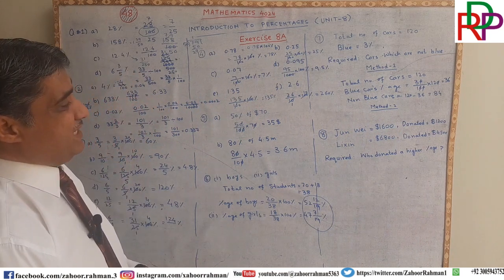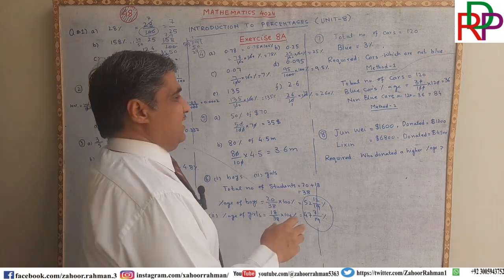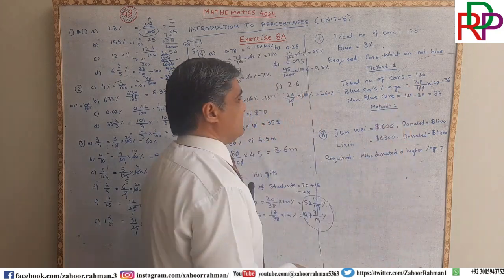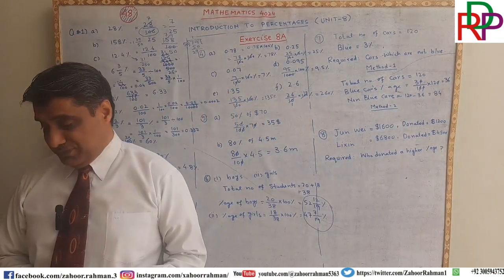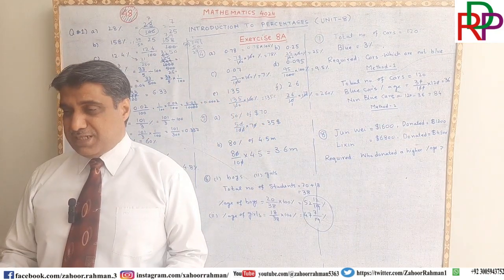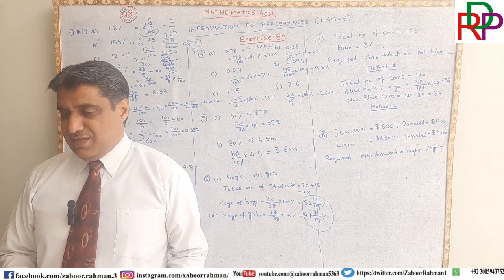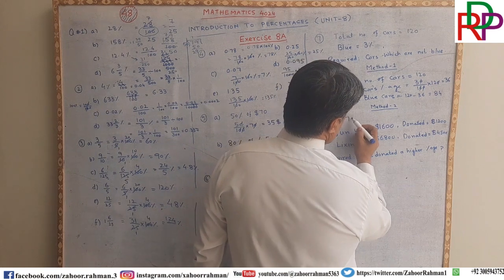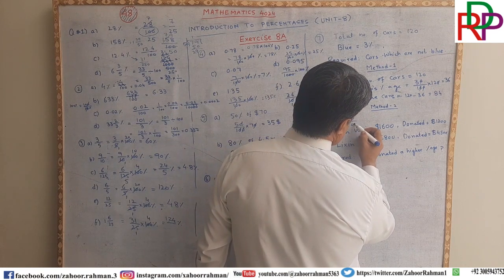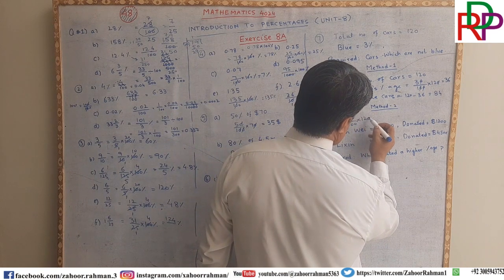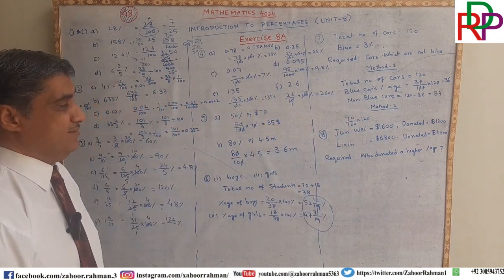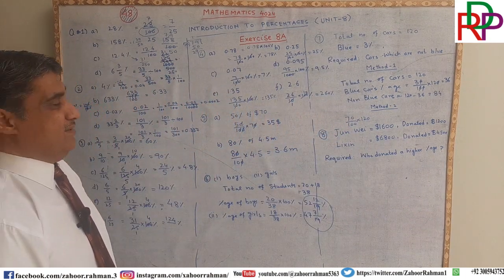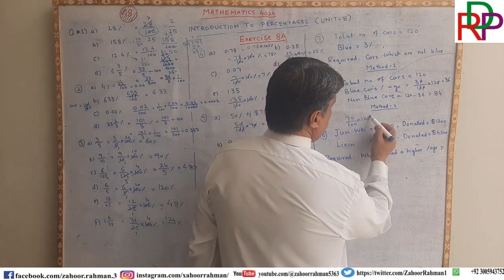Now the second method is easier one. If 30% are blue, so how many percentage is remaining? 70%. 70% will be non-blue. So you have to find 70% of 120.